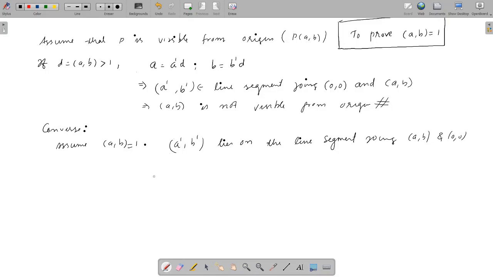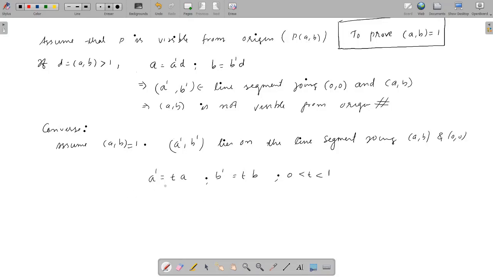We can write this A prime as T times A and B prime as T times B with 0 less than T less than 1.